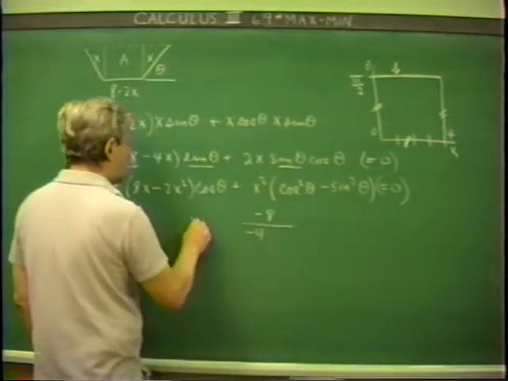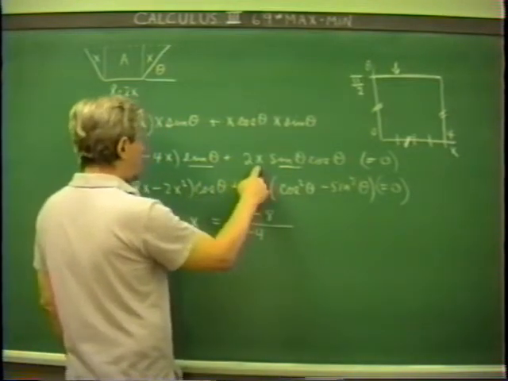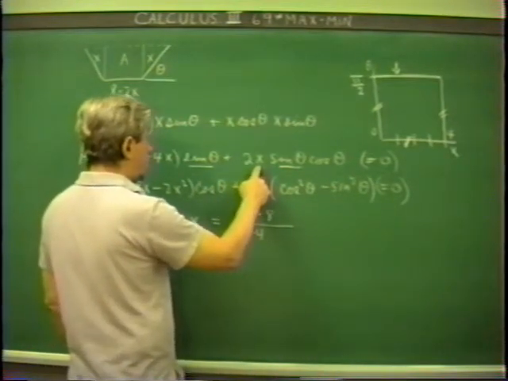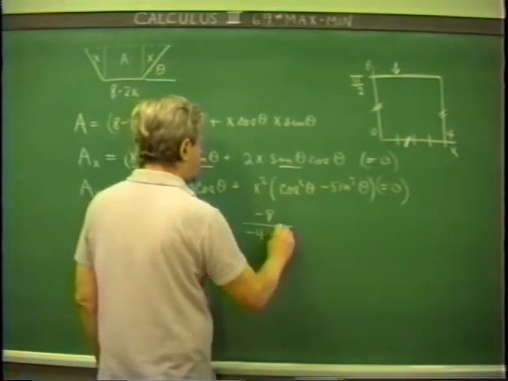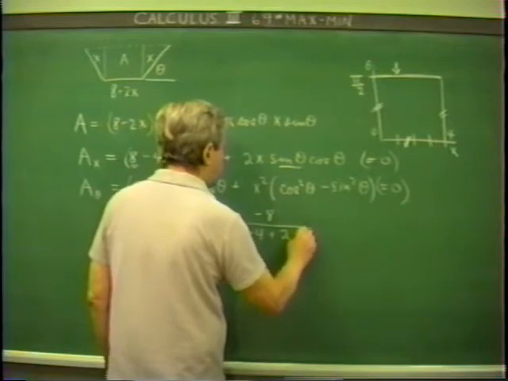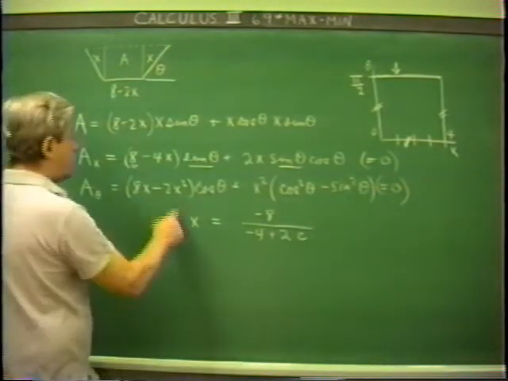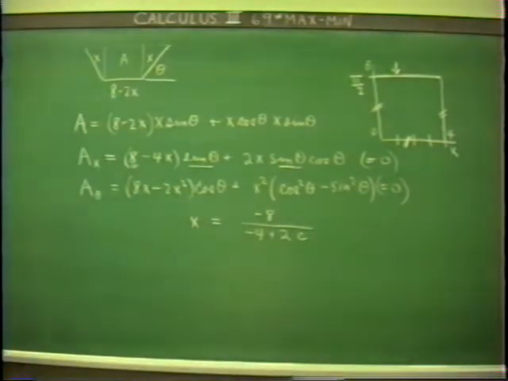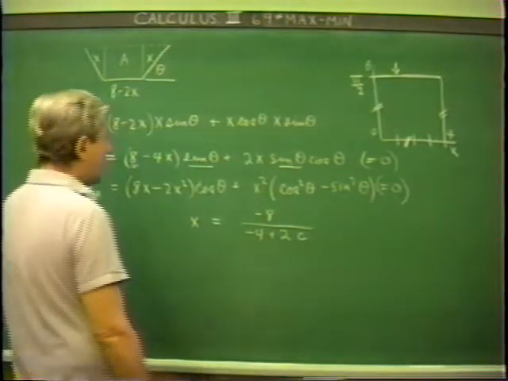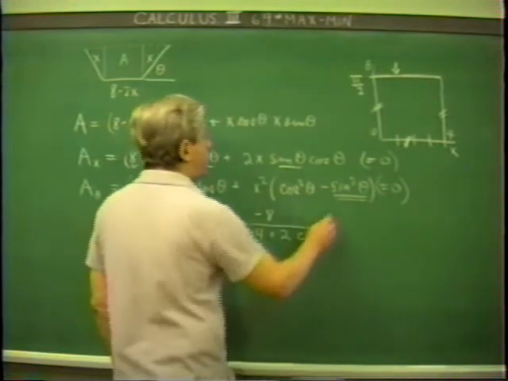And otherwise we've got minus 4x, and we've got plus 2x cosine theta, so this is going to be plus 2 cosine theta. I'm going to abbreviate cosine theta with c here, and we find that this first equation solves for x, with x equals minus 8 over minus 4 plus 2c.